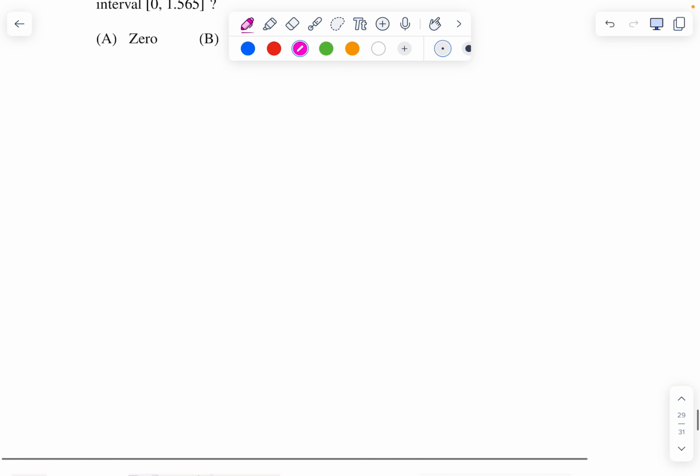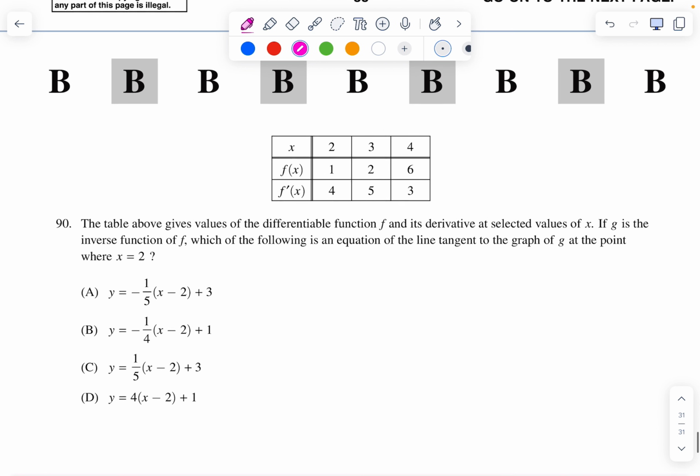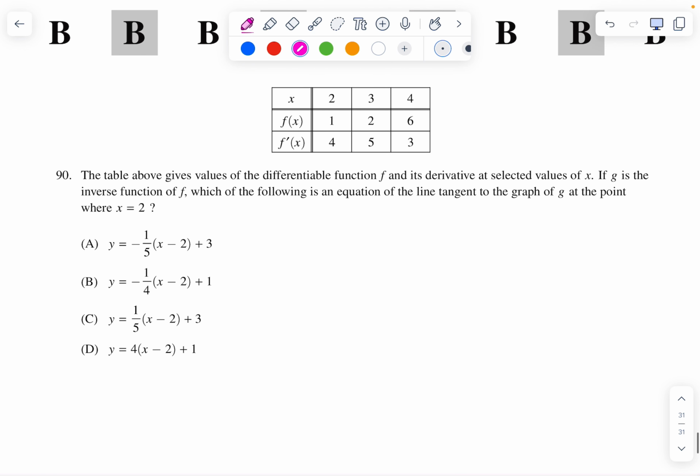Now let's go to number 90. Okay, on number 90. Ooh, next one. So if I ever give you a table, is it a good day? Yes, it is. Okay? All right, Kyle, go ahead and read number 90, please. The table above gives values of the differentiable function f and its derivatives at selected values of x.